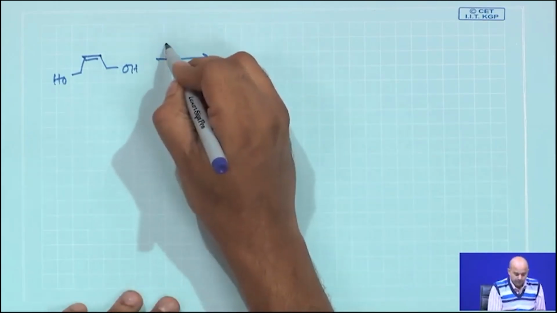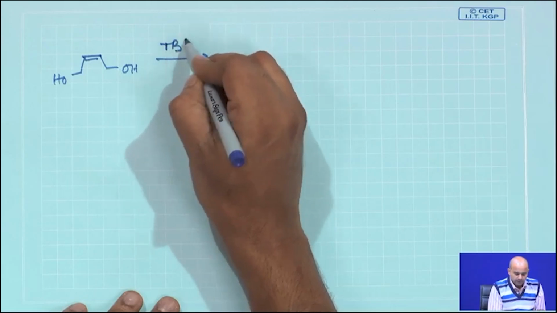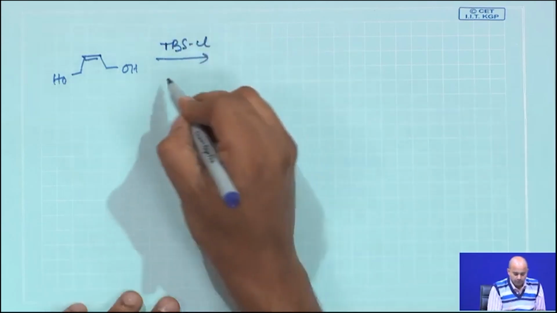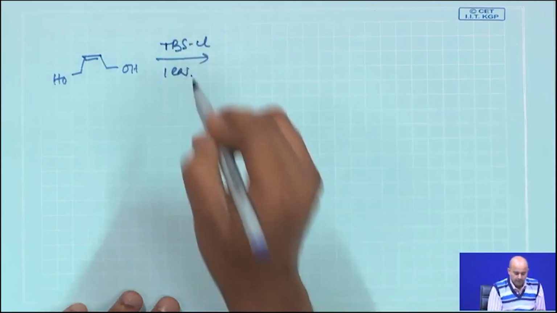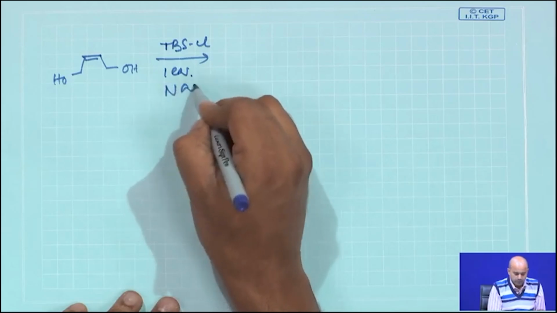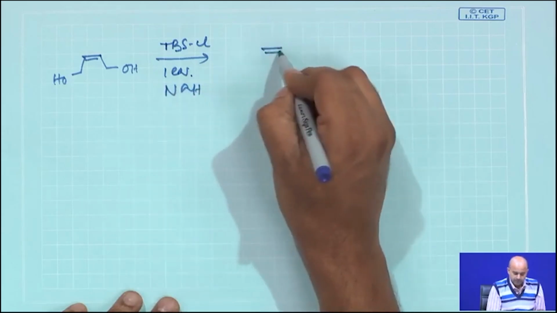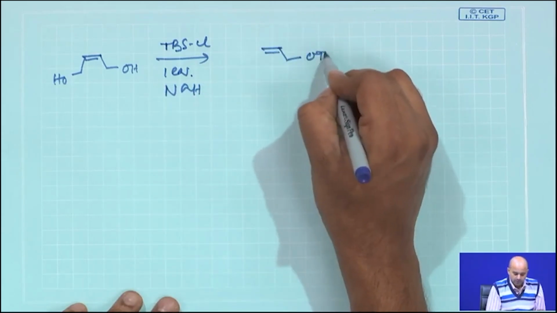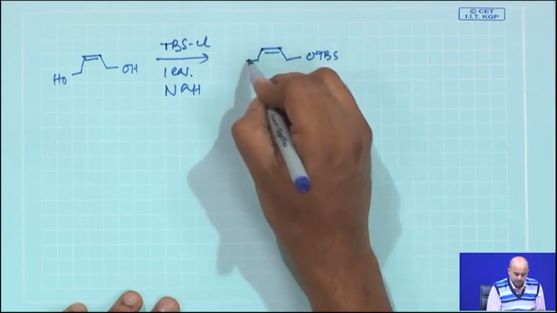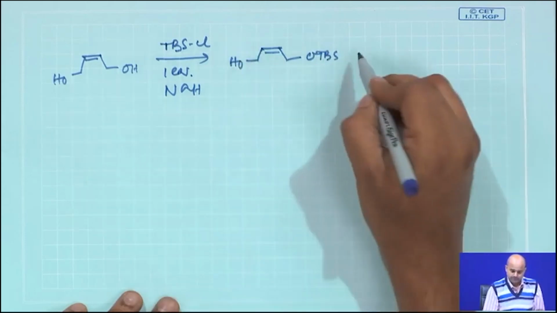So, we will do a simple protection first, a TBS chloride protection, 1 equivalent, by McDougal's protocol. Then you get an OTBS CH2OH, fine.